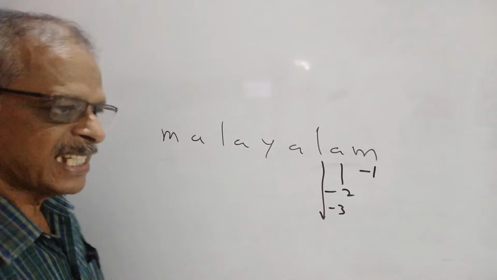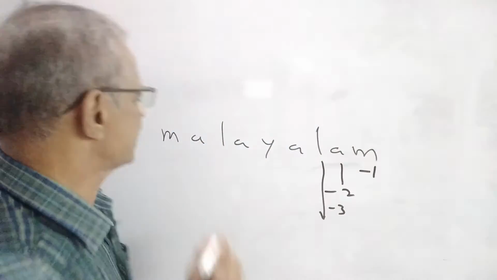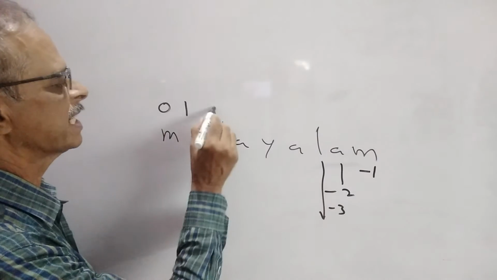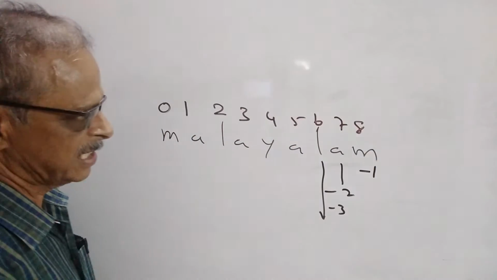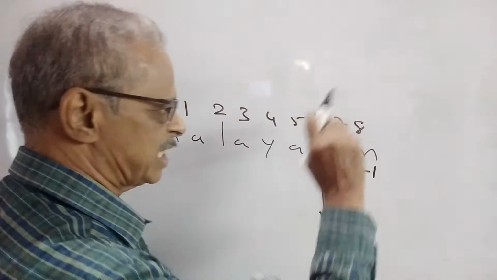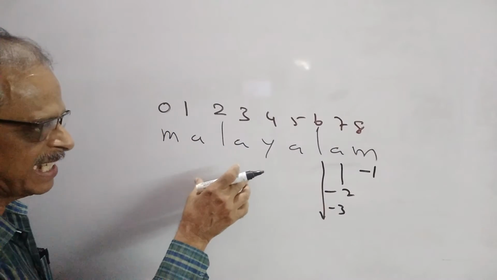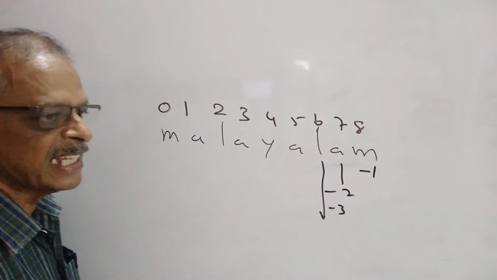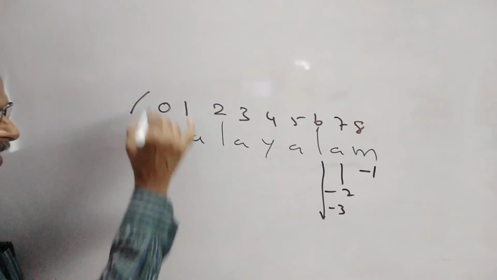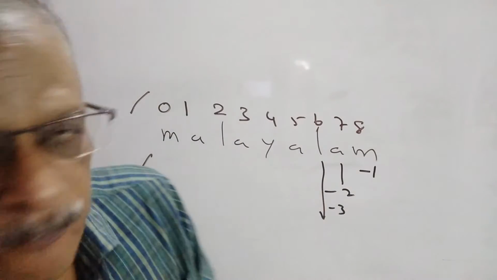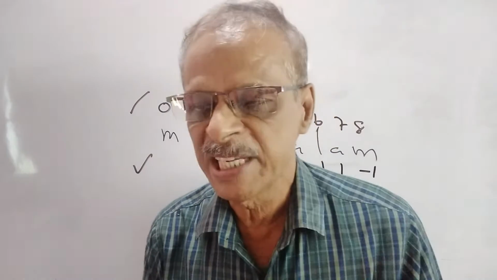Every string has an index. The index starts from 0. In Python also the index starts from 0. The last index equals the length of the string minus 1. Here the length of the string is 9, so the last index is 8. Using indexing and negative indexing, we are going to check whether the string is a palindrome or not.